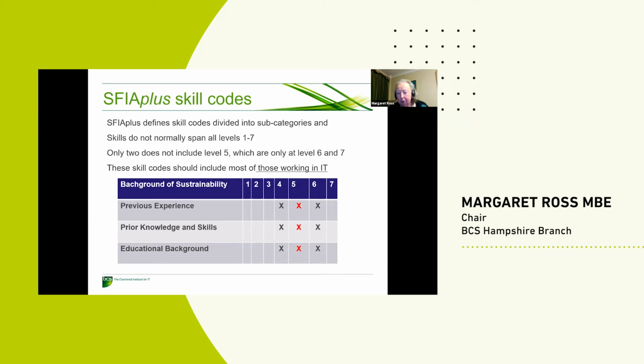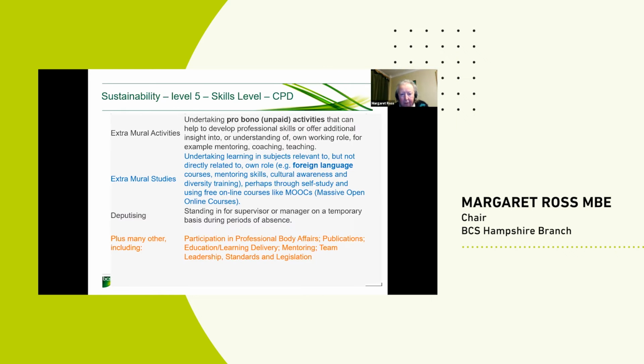This is very useful because if you want to move up grades into different levels, then you can find out what you would be expected to be capable of doing at that next level. Now, if we look at sustainability again, I've just picked out something from the CPD. So you've got a selection of things that you would be expected to do.